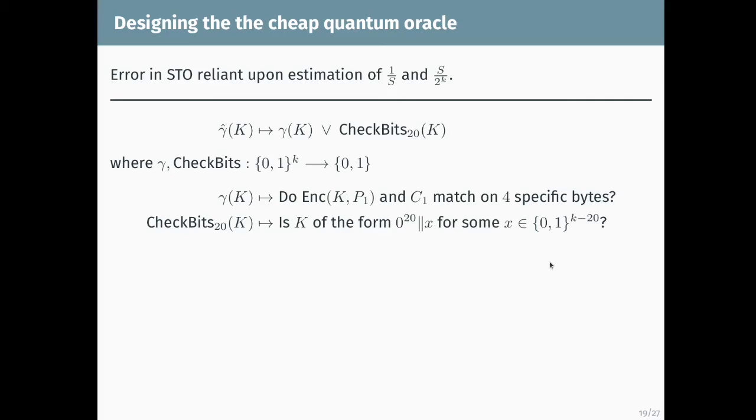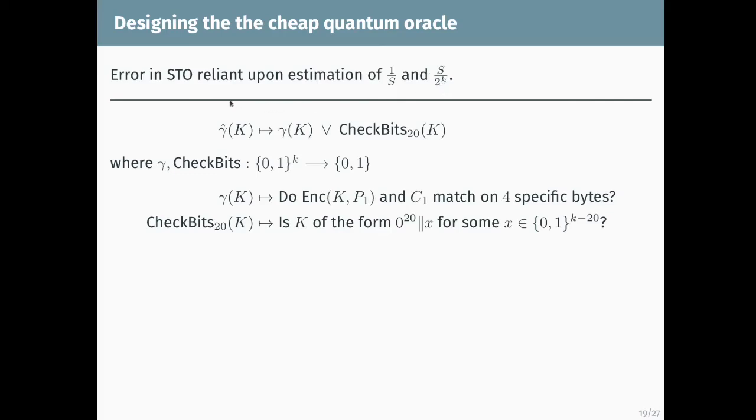So when it comes to designing the cheap oracle, we need to do a bit of hacking. It turns out the error in the probability of success for the Stowe algorithm is reliant upon the estimation of S, as this affects the ratios 1 over S and S over 2 to the k, i.e. the ratios of the number of targets for chi, 1, S, the number of intermediate targets in the search space defined by gamma, and 2 to the k, the number of targets in the entire search space.